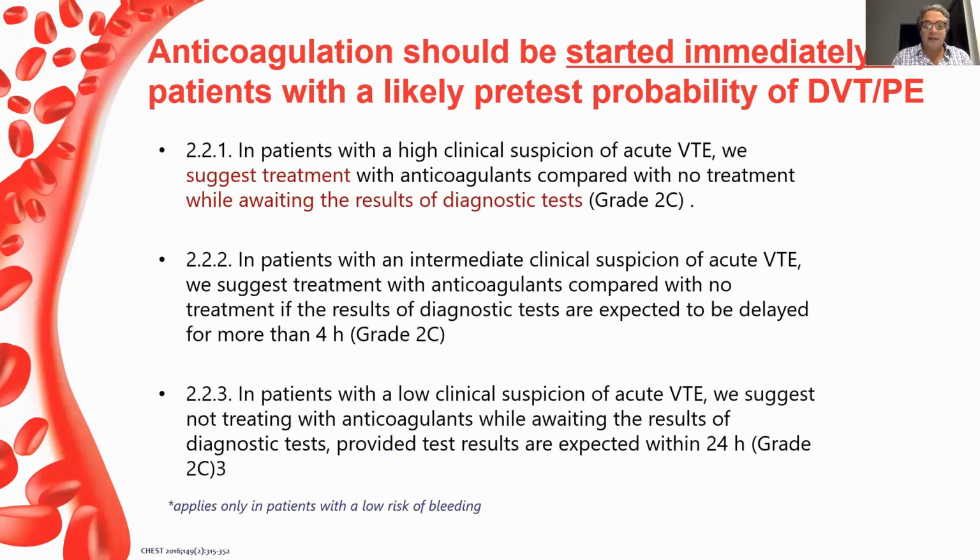So what the guidelines actually said in 2016: if you have a high clinical suspicion of VTE, you start anticoagulants while waiting for the results of tests. If you have an intermediate suspicion of VTE, you start anticoagulants. If you have low clinical suspicion, you do not start, but you may or may not do the test depending on where you are.